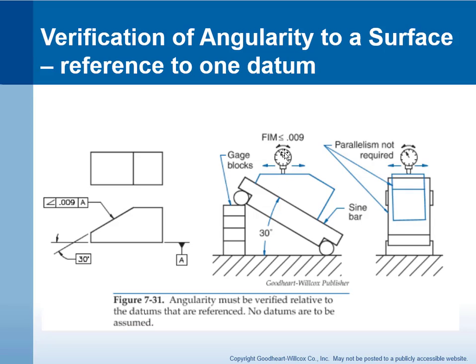Then we run our dial indicator over the surface. As long as our full indicator movement is less than 9 thousandths, the part meets this requirement. So that's how we would check an angularity to one reference datum.